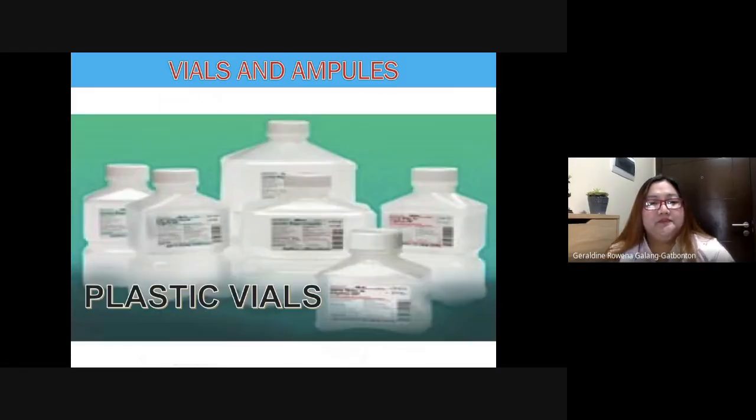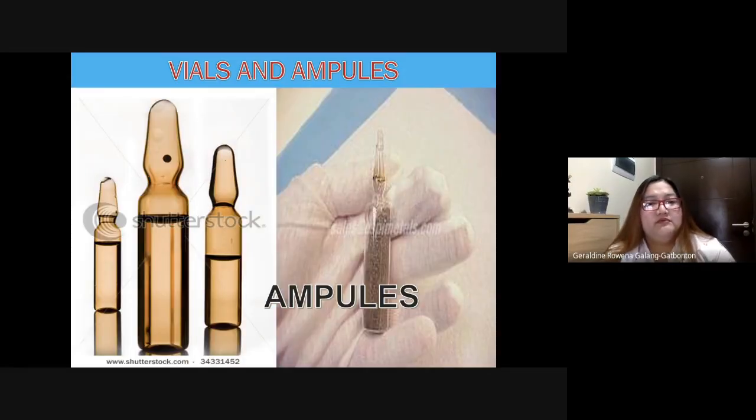Alright? Plastic vials, meron din, no? Ampule. So, ang ampule pwedeng liquid, ang ampule pwede ring powder yung laman. Pero bihira yung ampules na powder form yung nasa loob. Usually, vials siya. Okay?